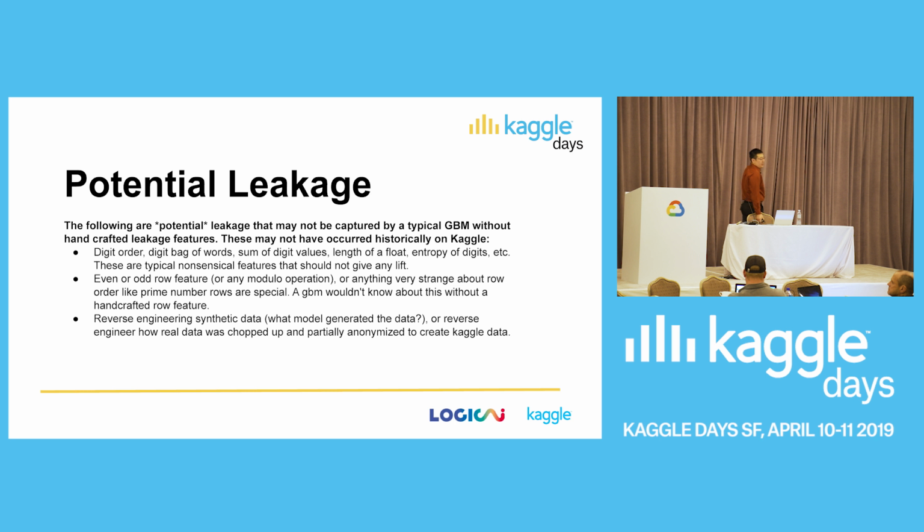Okay, so I'm going to talk here about some potential leakage, and usually when I think of leakage, I just think of what a GBM can't see, right? Like what a decision tree can't see. And there are a lot of things that a decision tree can't see.